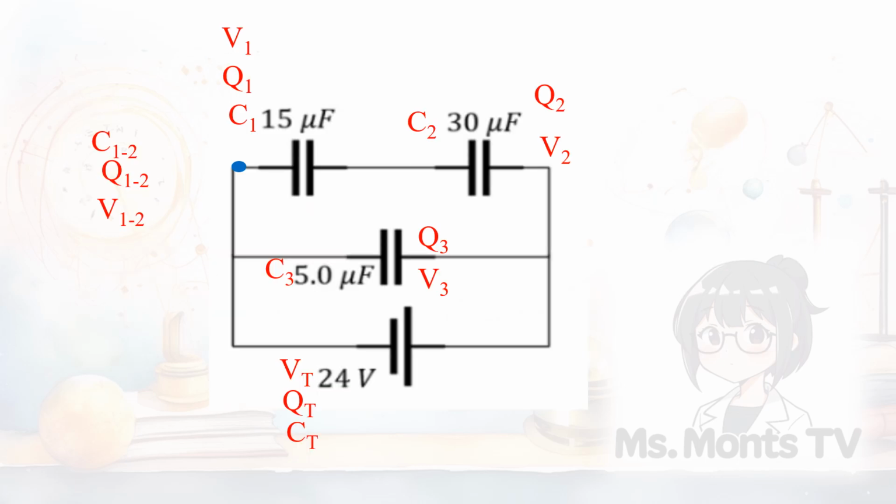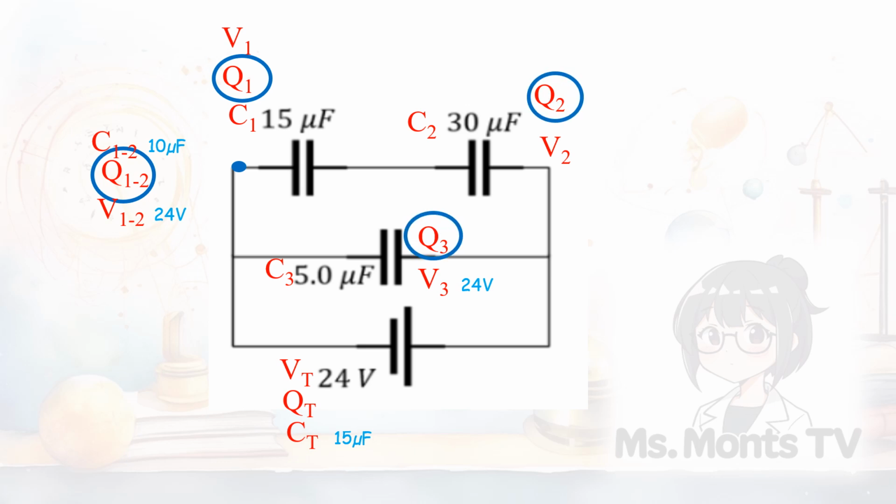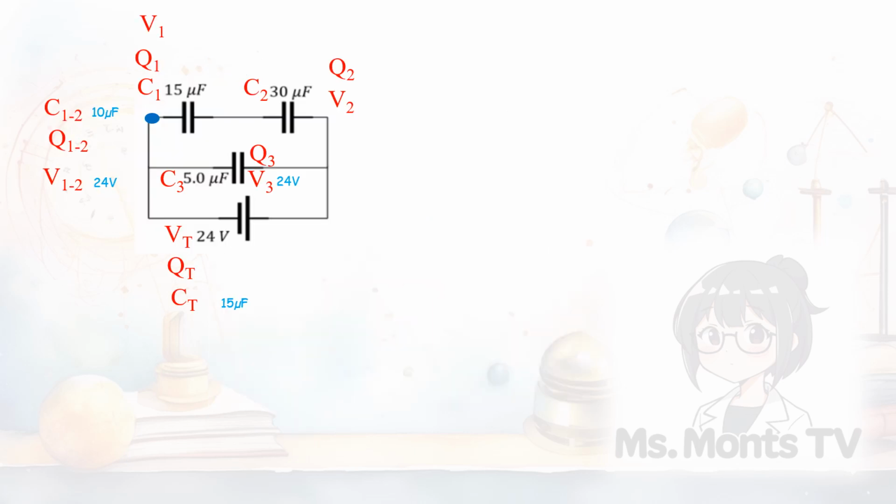Next, let's find charge in 1, 2. Then charge 1, charge 2, and charge 3. And total charge. So the formula is capacitance equals charge over voltage.